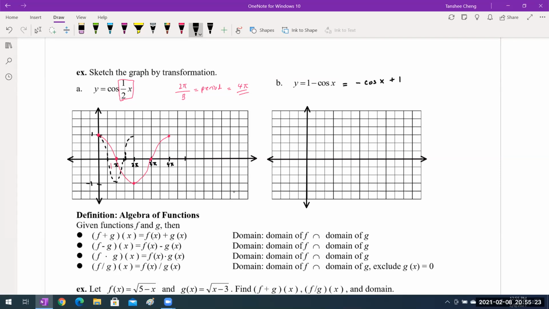That will help you to see that there is a reflection and a vertical shifting, right? Because cosine is the parent graph, which is like a y value. So in this case, it will be shifting upward 1 unit, and then we have reflecting about the x-axis.